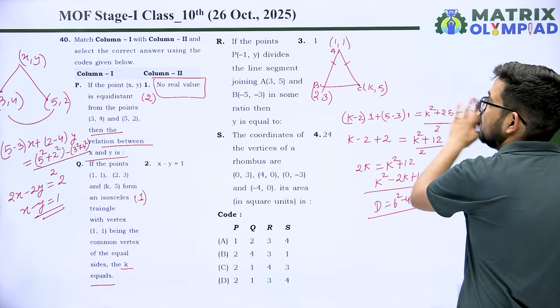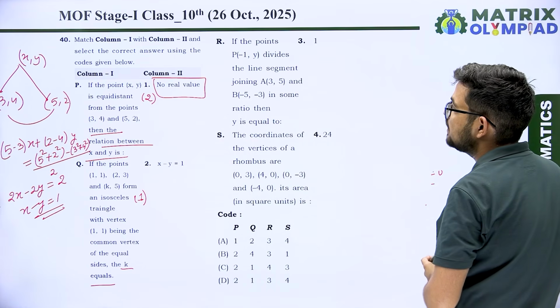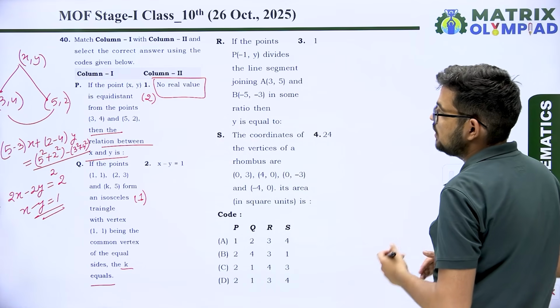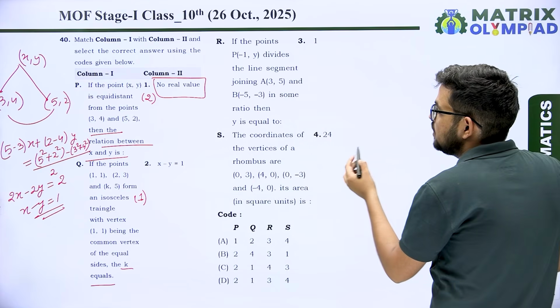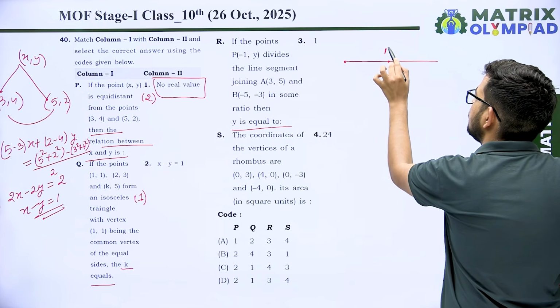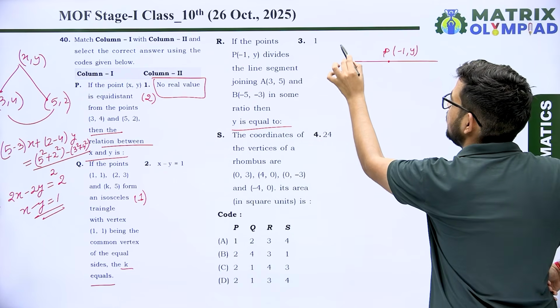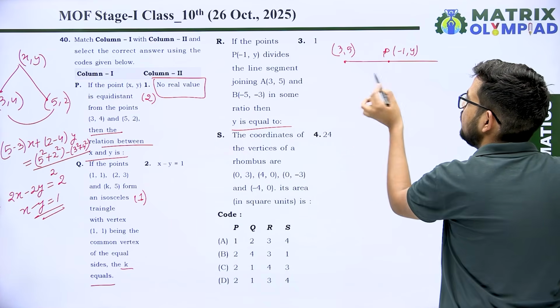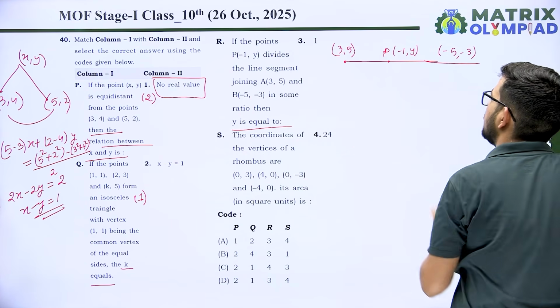Next, R: if the point P(−1, y) divides the line segment joining points A(3, 5) and B(−5, −3) in some ratio, then y equals. We have to find the value of y.